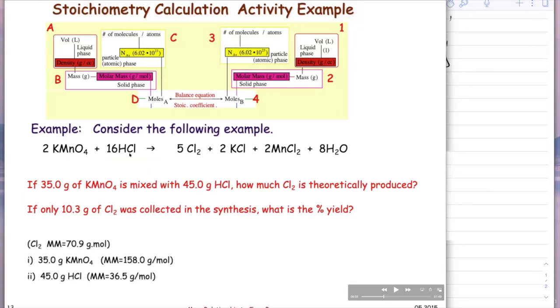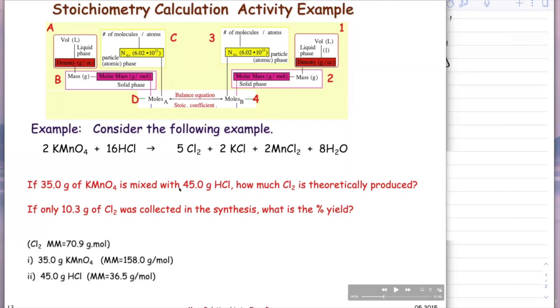Whenever you're given a quantity of two chemicals, then you basically have two problems in one, because you have to figure out how much each of these chemicals is going to yield in terms of the product. And then when you figure out which one produces the less amount of quantity, that's the chemical that's going to run out first. It's called the limiting reagent. And you use that for the rest of the calculation.